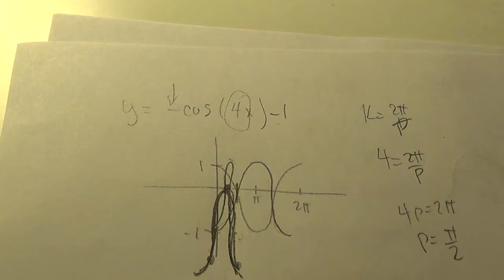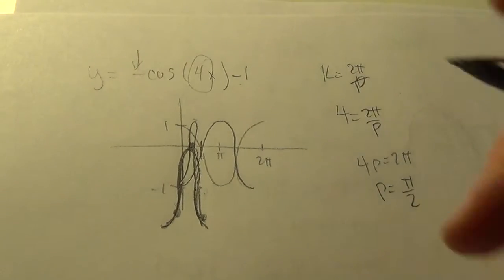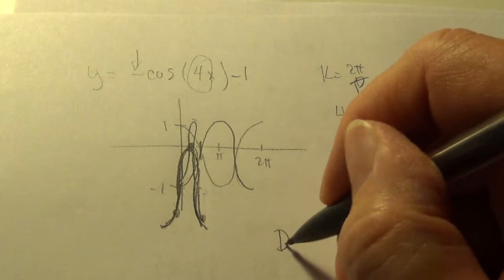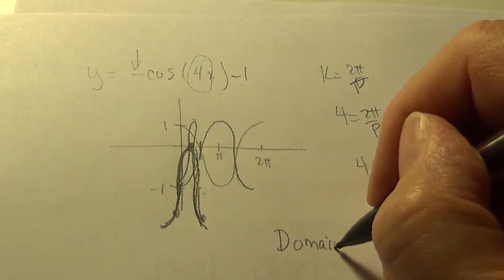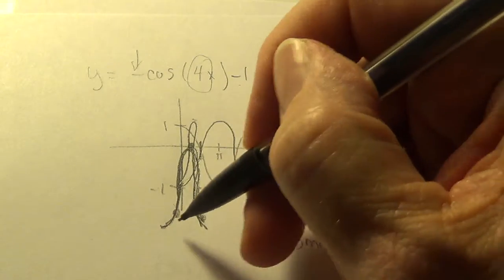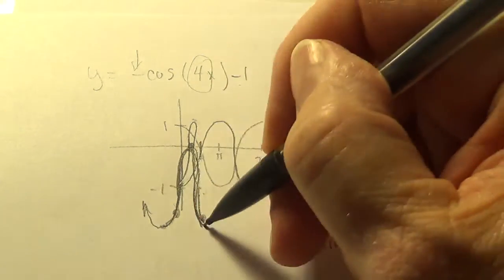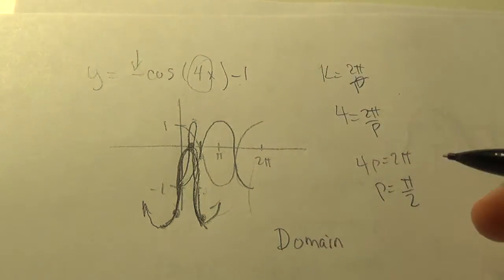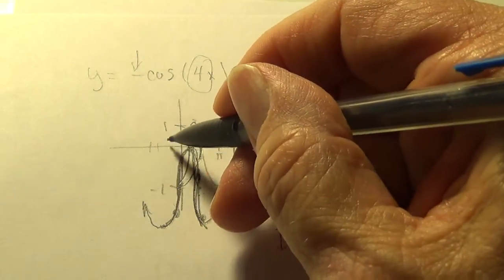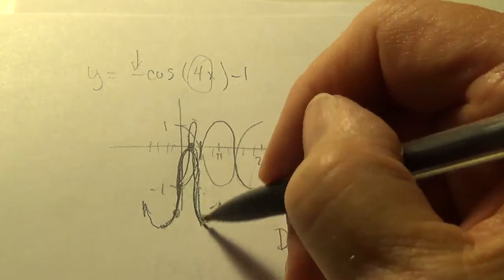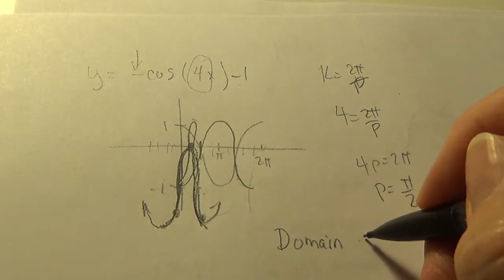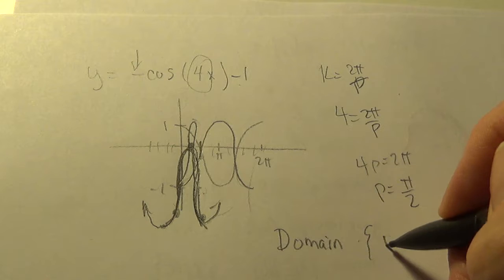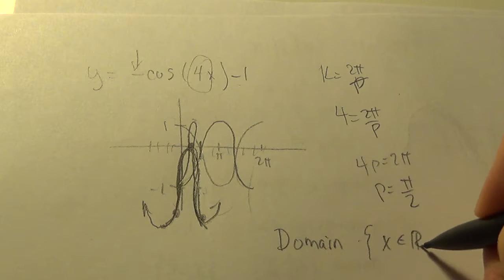Let's see what the domain would be if I was going to ask you for the domain of this darkened one. Well, this is going to go forever, up and down, just like this one period. So the values for x will always connect to this graph. So x is an element of the reals.